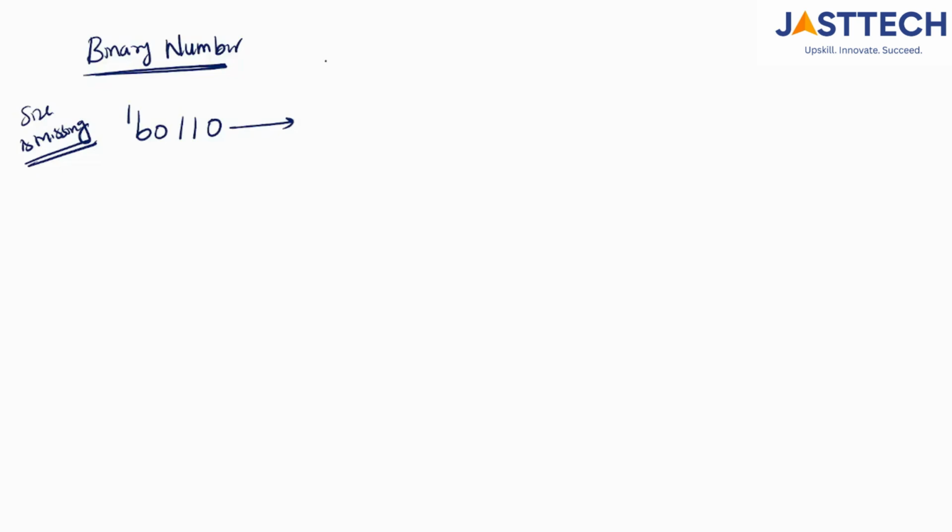What is the size? 4 bit is not the correct answer. This is 32 bit. Most of the compilers are 32 bit only. So the compiler will take the size as 32 bit, and the default size is 32 bit only.